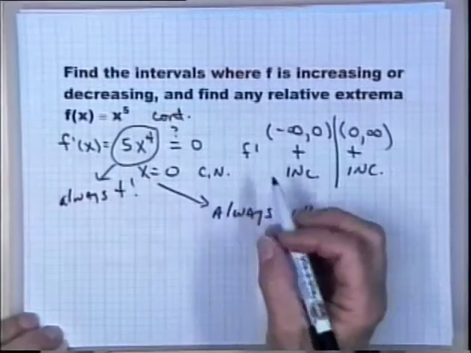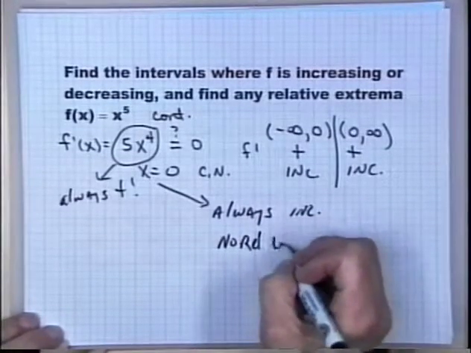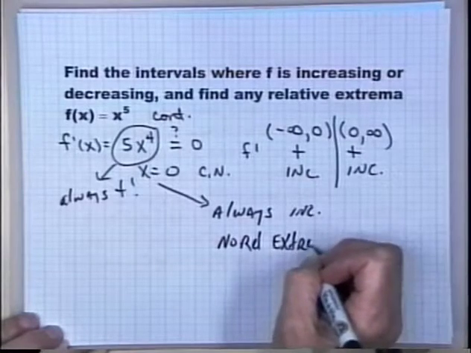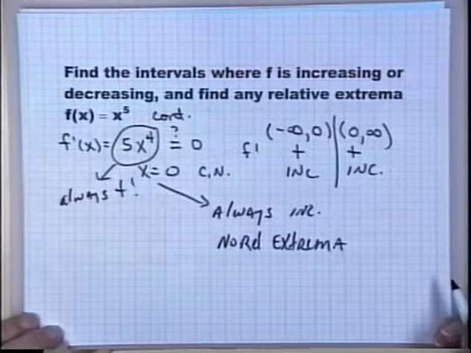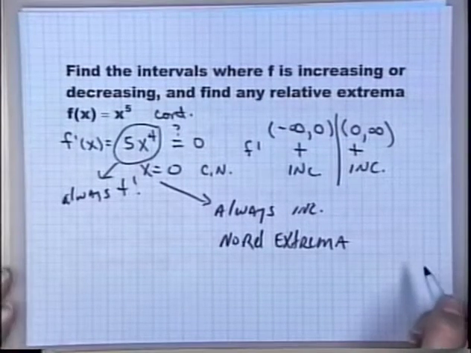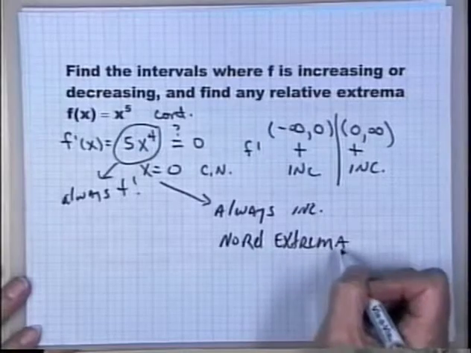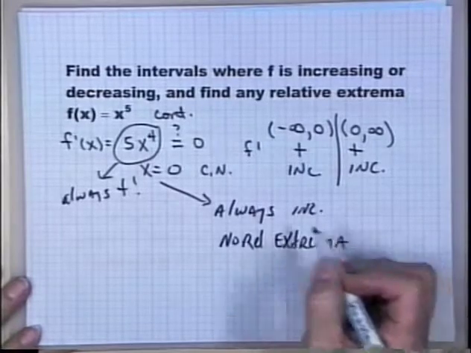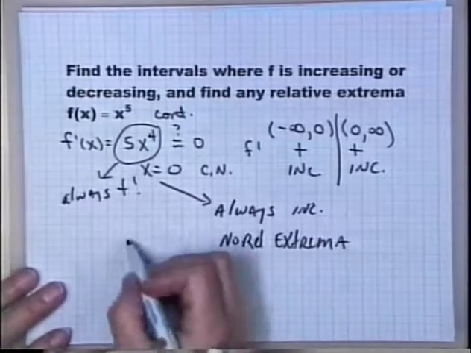There is no relative maximums or minimums, no relative extrema here, because I don't change from increasing to decreasing or decreasing to increasing. So again, that points out that if you have a relative extrema, it has to be at a critical number, but there can be critical numbers where there's no relative extrema.